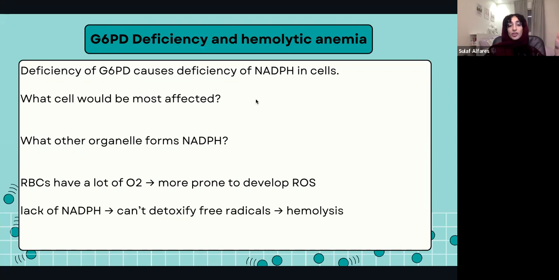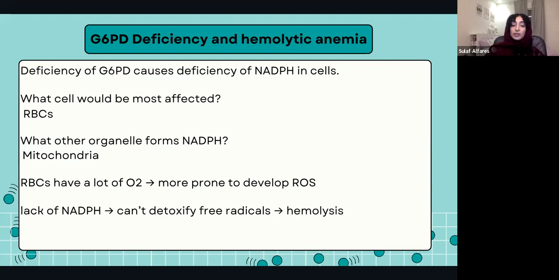Okay, so the other organelle that forms NADPH is mitochondria, and red blood cells lack mitochondria. So they're not going to be able to create NADPH from anything other than the pentose phosphate pathway. Okay, that's one reason why G6PD deficiency mostly affects the red blood cells.